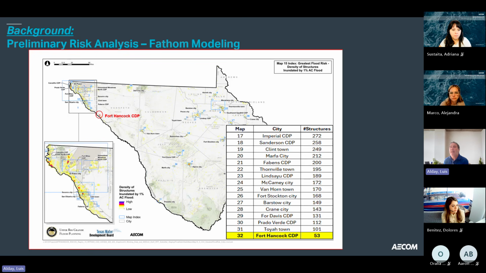Again, this was done in cycle 1, with very rough modeling, a software called Fathom. And in this cycle 2, we are trying to improve the modeling to have a better understanding of the damage centers that you may have in Fort Hancock.